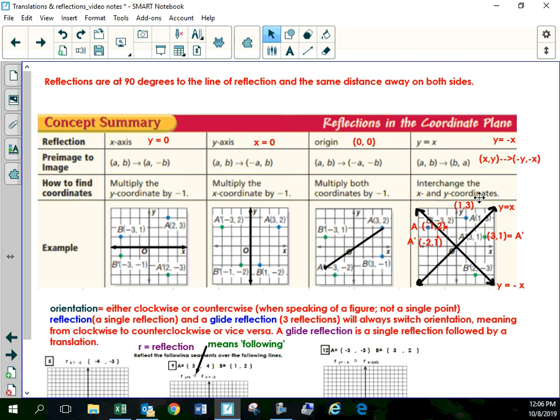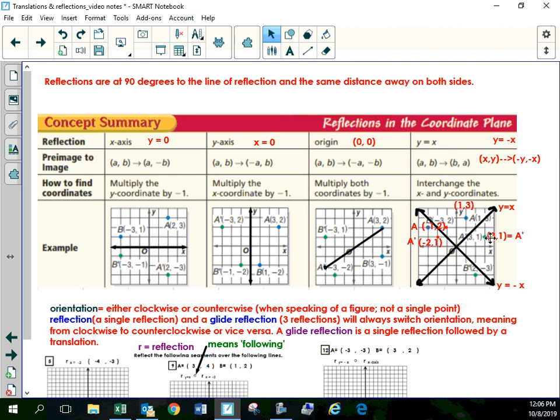So if we look at the original point, the pre-image point was 1, 3, and the image was 3, 1. So how did they switch? What happened here? The x and y just switch coordinates. So that's why when we reflect over the line y equals x, A, B or X, Y becomes Y, X. You just have to switch the coordinates.